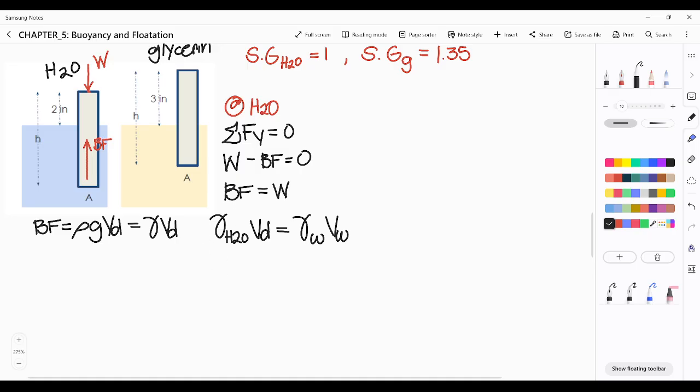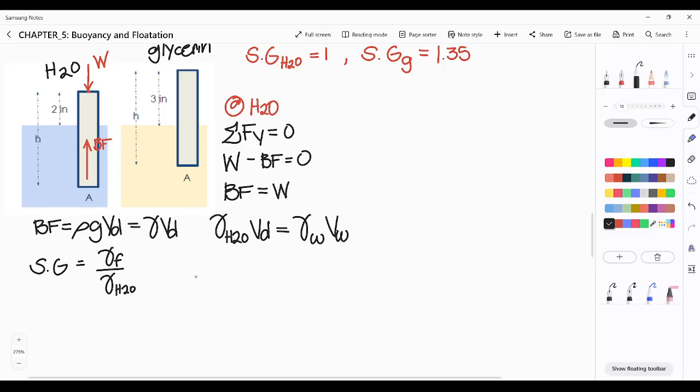Now, with this equation, we can still break this down. We know that the specific gravity is equal to the specific weight of our fluid over the specific weight of H2O, diba?